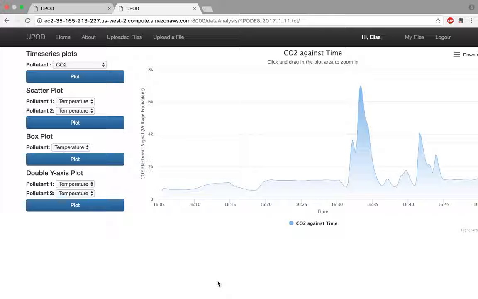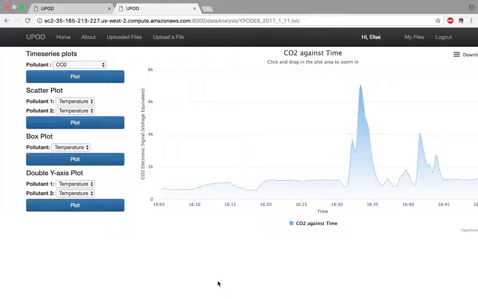We're looking here at a graph of carbon dioxide over time for one of the air quality pods. As you can see on the y-axis, we have plotted currently carbon dioxide electrical signal, which is a voltage equivalent. This is the raw signal you will see from your pod before any calibration is applied to convert voltage into a concentration unit of parts per million, parts per billion.